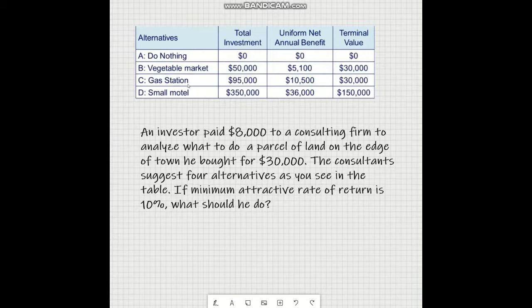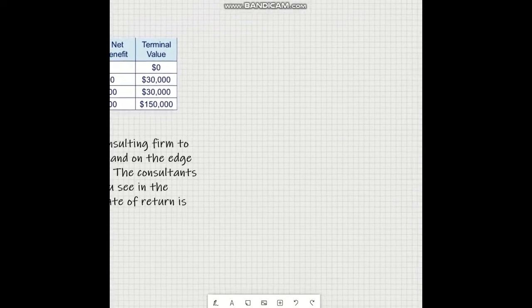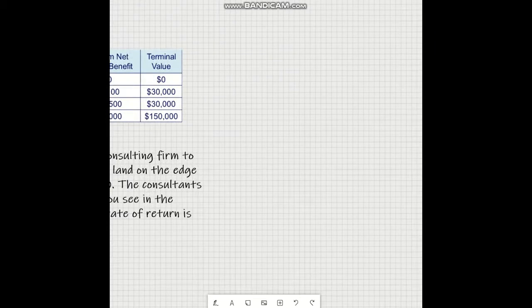So in order to do that, we will evaluate. Let's go through the first alternative, A, net present worth, because we are looking at the benefit. For A it is 0 because he didn't spend anything.